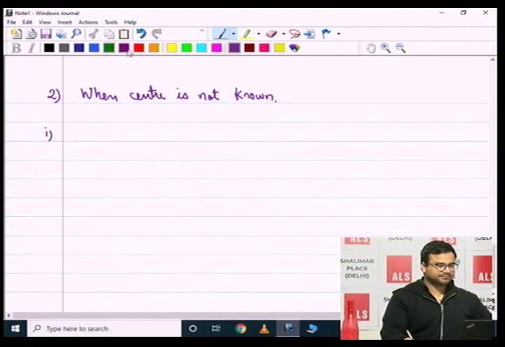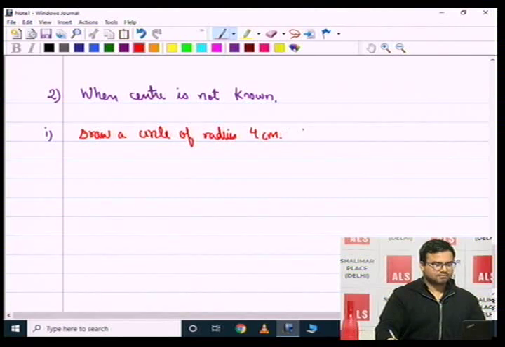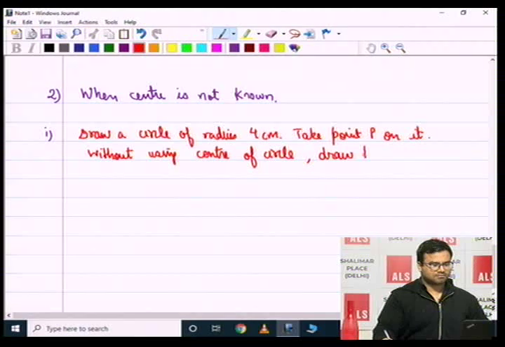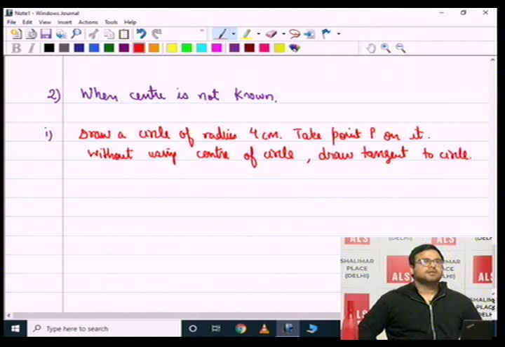So the question says: draw a circle of radius 4 centimeter, take a point P on it, and without using the center of the circle, draw a tangent to the circle.